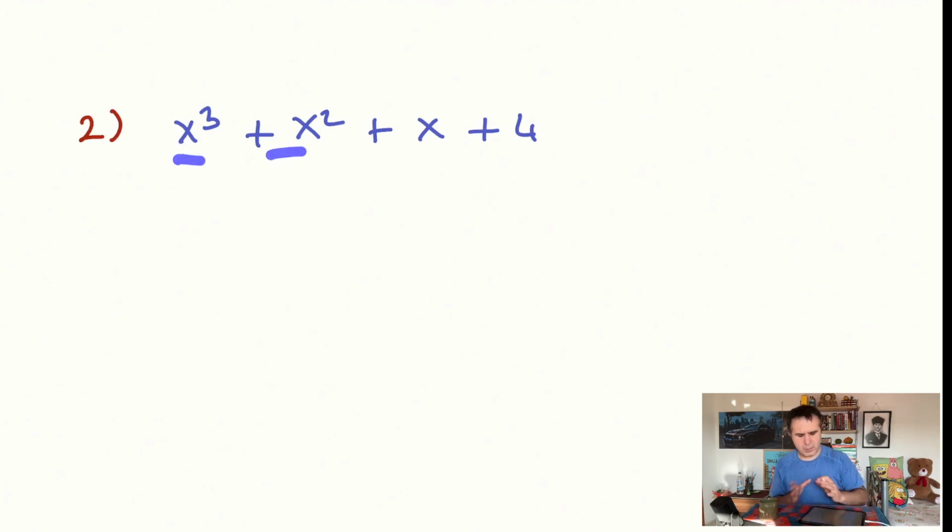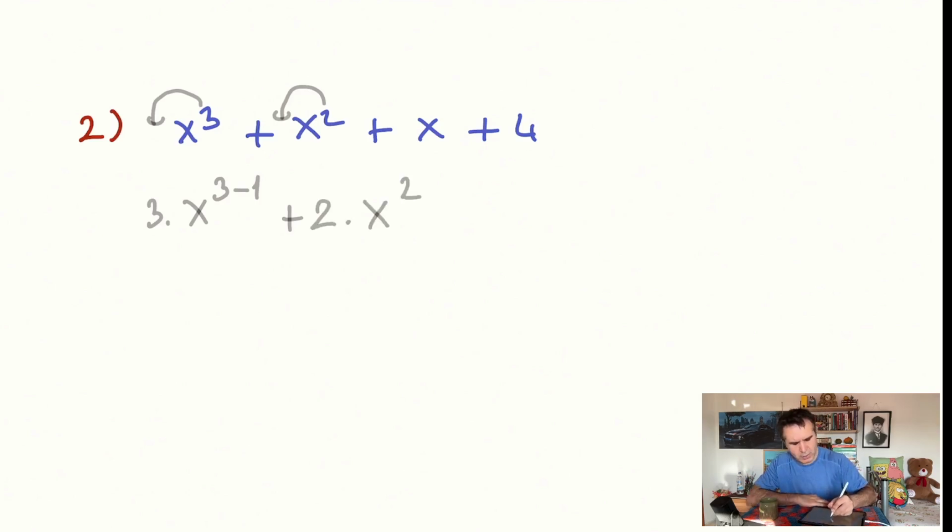All of these are power functions, so for the derivative of x cubed, we will take 3 here as multiplication, 3 times x, then we will subtract 1 from the exponent, and take 2 here as coefficient, 2 times x to the power of 2, subtract 1 from the exponent, and the derivative of x is 1, and the derivative of a constant is 0.